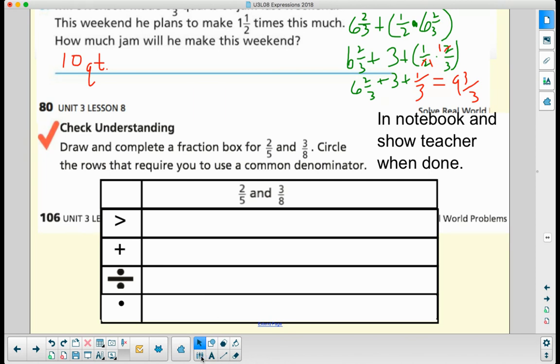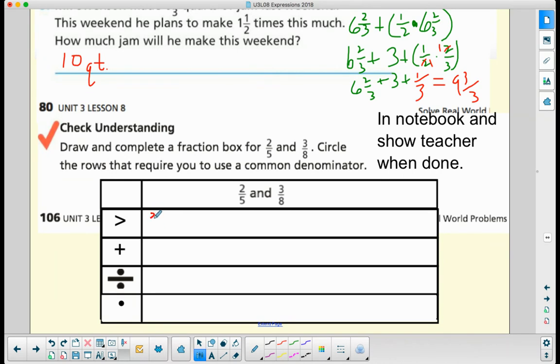Welcome back. All right, so first thing is comparing. 2/5 and 3/8. Well, 2/5, half is 2.5 fifths. 3/8, half of 8 is 4, so they're both less than half, so I need to use common denominators. They only have 1 as a common factor, so I'm going to use the product of 5 and 8, 40, as my common denominator.